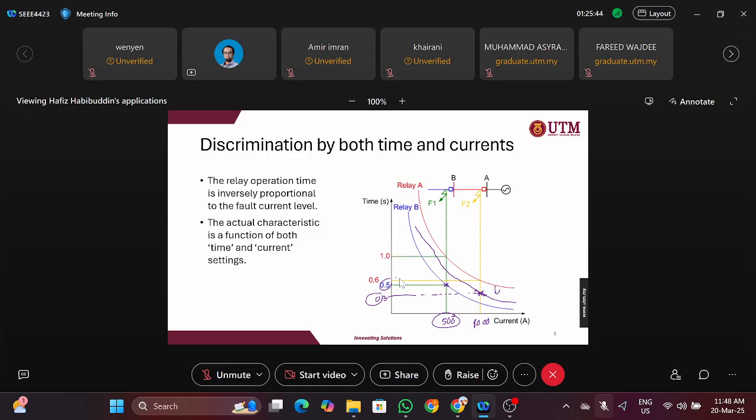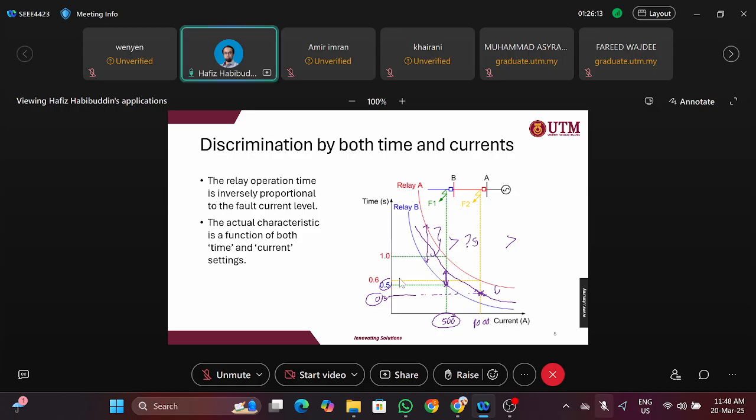That holds. But the problem with this is that you're going to have a limited difference here. So this is very important. We'll cover this later because the distance between this and this must be maintained above a certain value. Okay, this must be greater of how many seconds. So that's the problem.